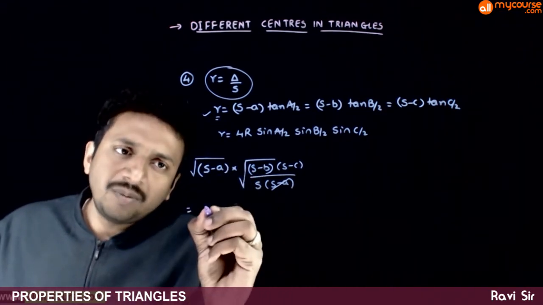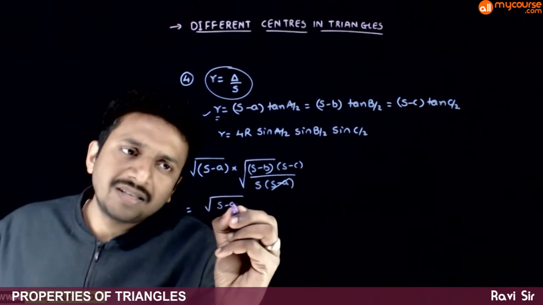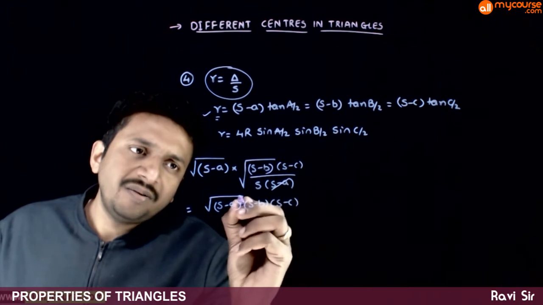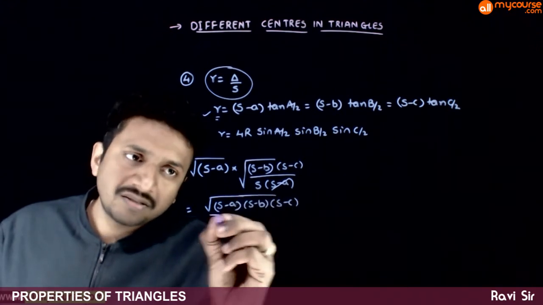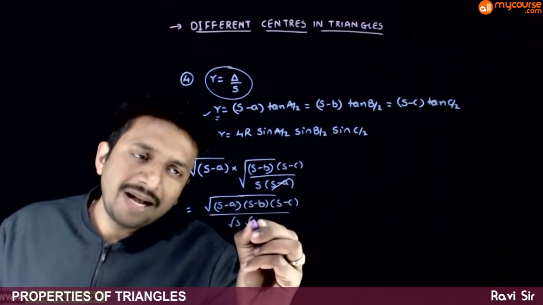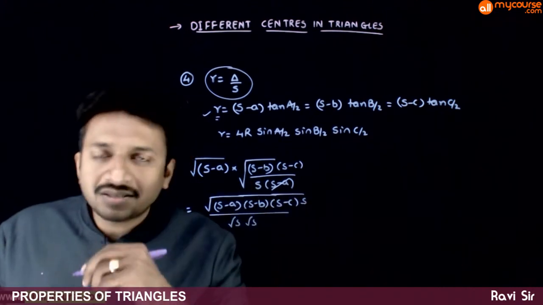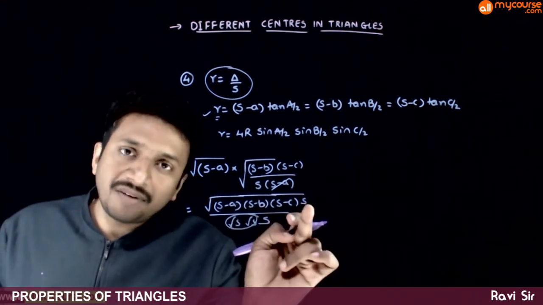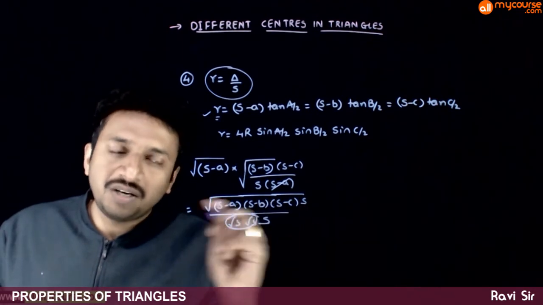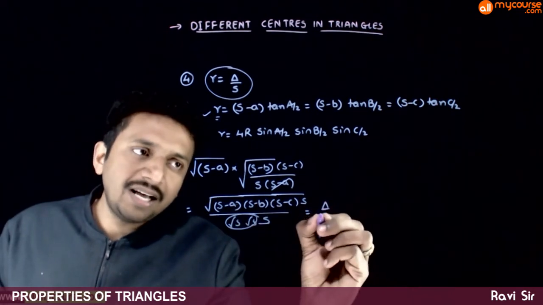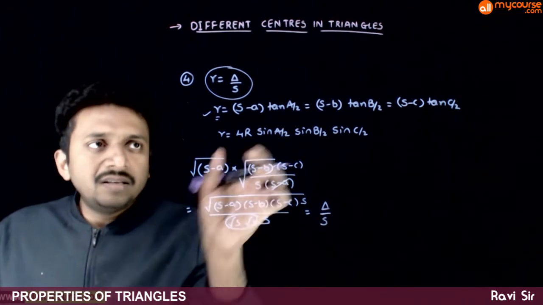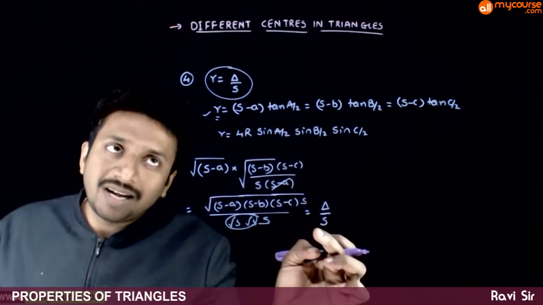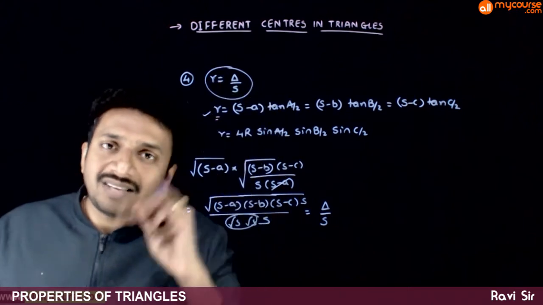So this is nothing but root of (s minus a) into (s minus b) into (s minus c) by root s. So if I multiply and divide with root s, the denominator becomes s, and the numerator you have root of s into (s minus a) into (s minus b) into (s minus c). It's nothing but delta by s. So (s minus a) times tan A by 2 is exactly equal to delta by s, which is again the same as r.